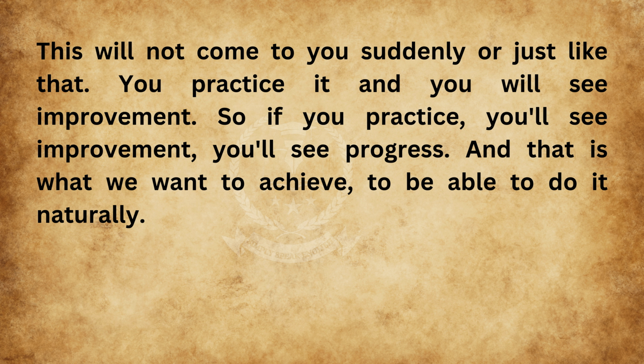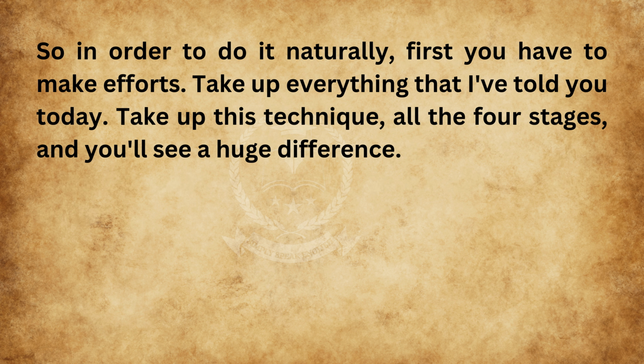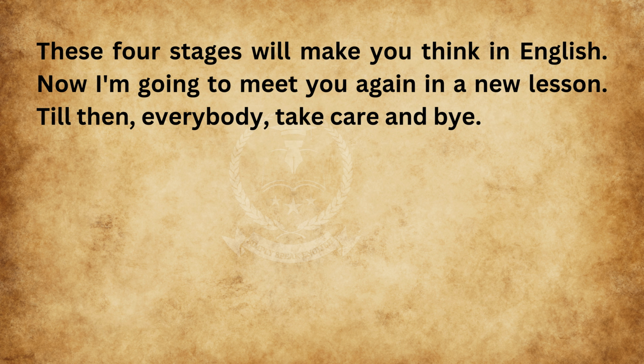And that is what we want to achieve, to be able to do it naturally. So in order to do it naturally, first, you have to make efforts. Take up everything that I've told you today. Take up this technique, all the 4 stages, and you'll see a huge difference. These 4 stages will make you think in English.